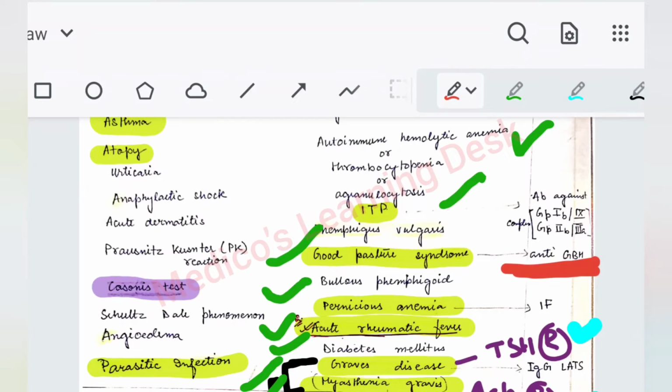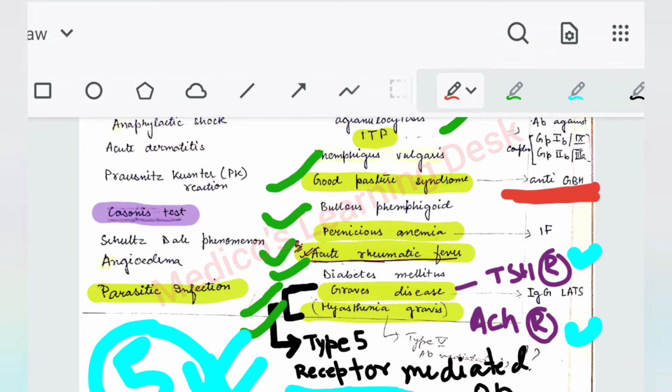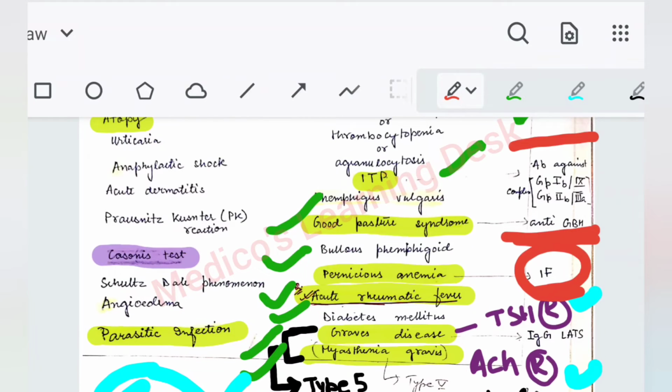Okay, in ITP, what is the antibody? A complex will be formed of GP1B-IX and GP2B-3A. So antibody against this whole complex will be there. Okay, in pernicious anemia, antibody against the intrinsic factor will be there.